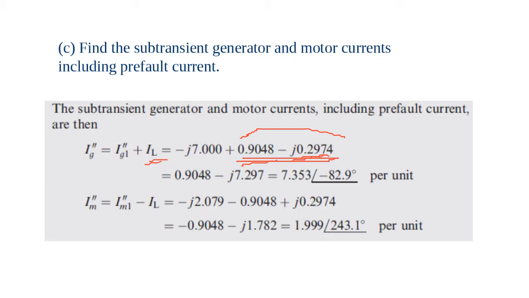And now when the fault happens, you see what happens here. We add the pre-fault current to the fault current from the generator, while in the motor we subtract them. So this is from the motor; from the motor we subtract, so we put a negative.